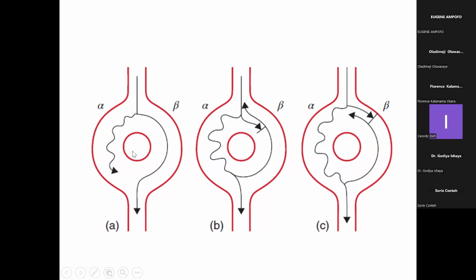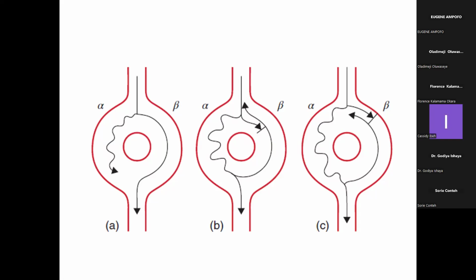There will be two limbs that can conduct activity in either an antegrade or retrograde direction. That's number one. Number two is that these two tracts must have tissues that connect them for a circular circuit to form before the tachycardia can be generated.